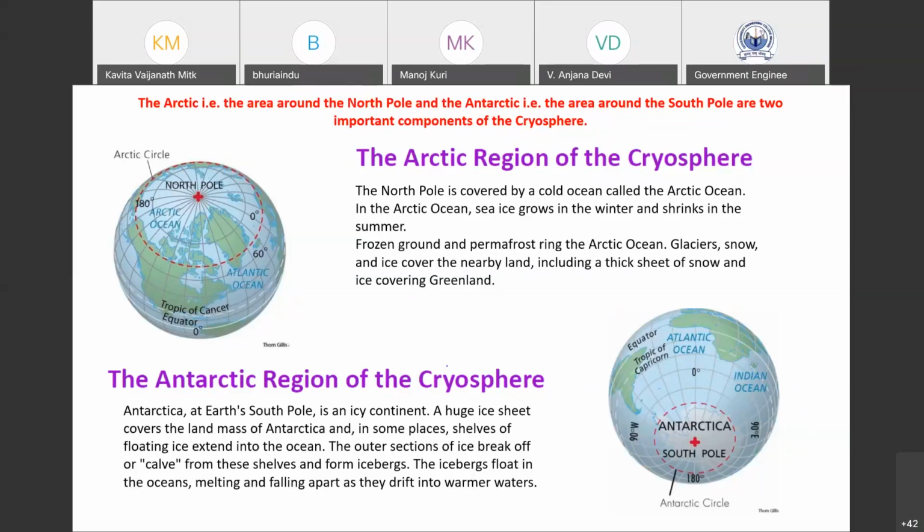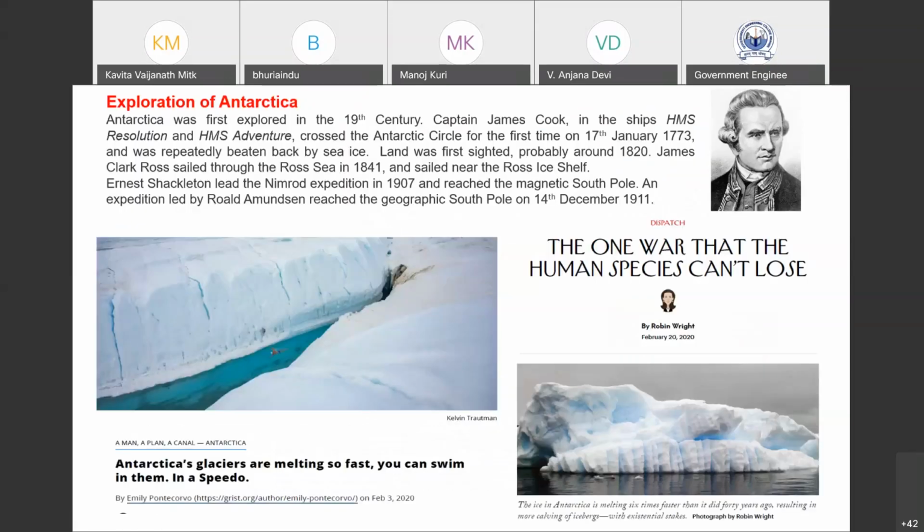So you'll see the ice shelves and the icebergs floating in the ocean. Then the most important thing here is that the exploration of Antarctic started a long time back by Captain James Cook, and he started this in 1773.